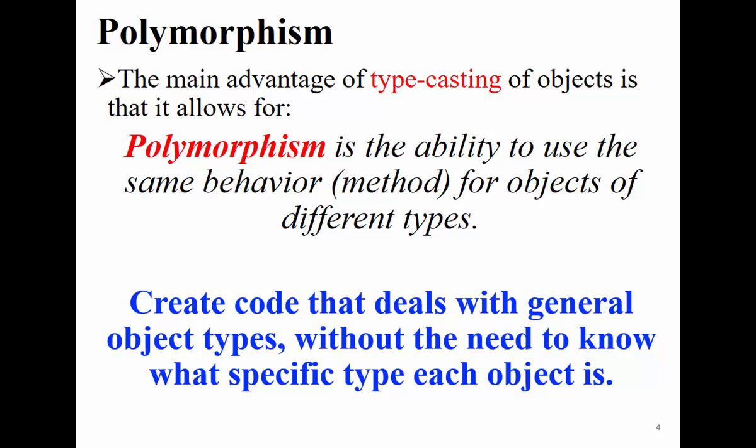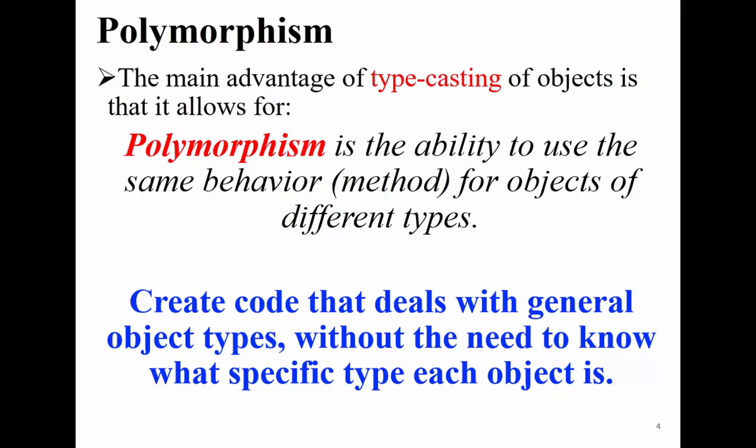Using polymorphism is another one of the greatest Java capabilities that allows us to create the same code that deals with a general type of object without needing to be more specific about the type.